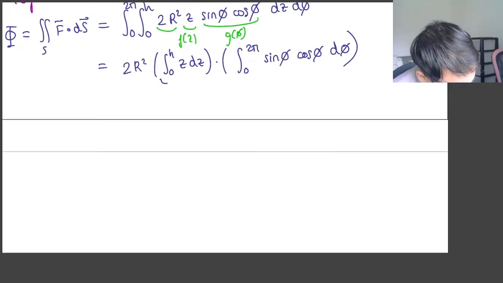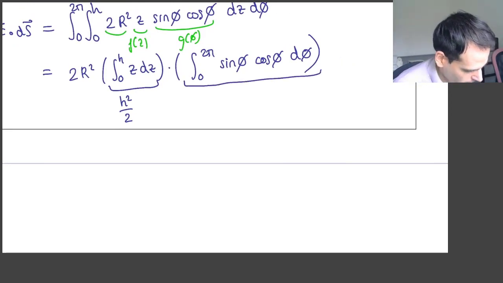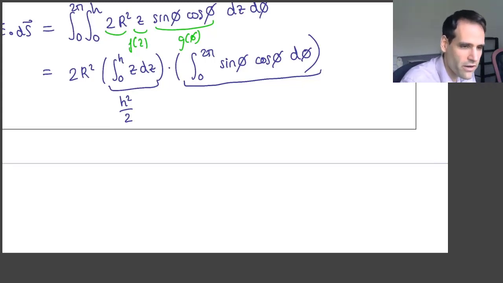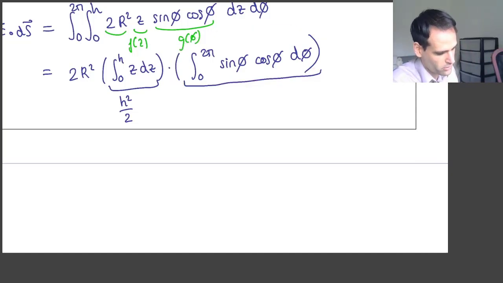So the integral of z is just h squared divided by 2. And what is the integral of sine phi times cosine phi? Let me give you a trick for this. I don't recommend you start doing substitution. To be honest, I think this integral is easy enough that you should be able to do it in your head by thinking backwards.